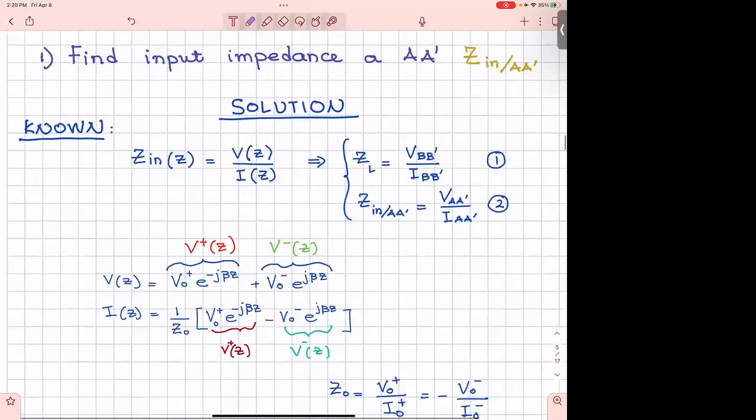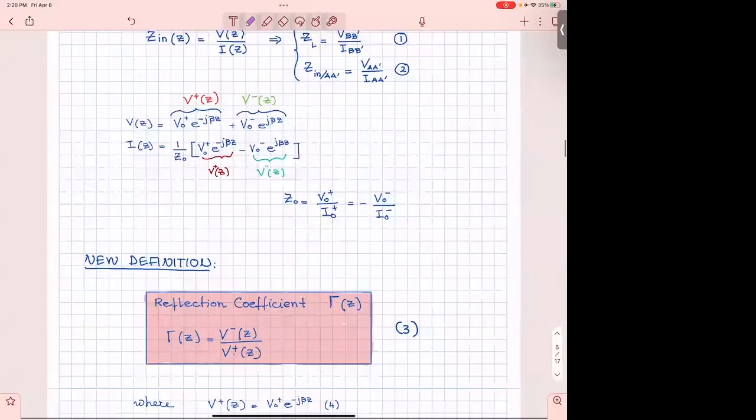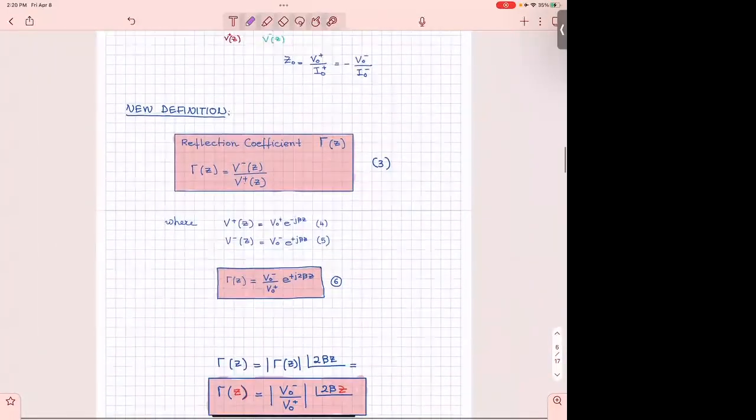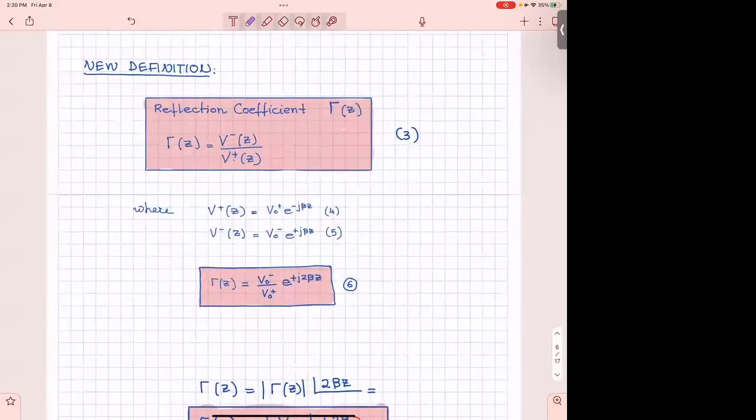However, when z equals 0, the value of your gamma at z, let me write it here, gamma at z equals 0, which is gamma at A prime, is equal to what? V0 minus over V0 plus.